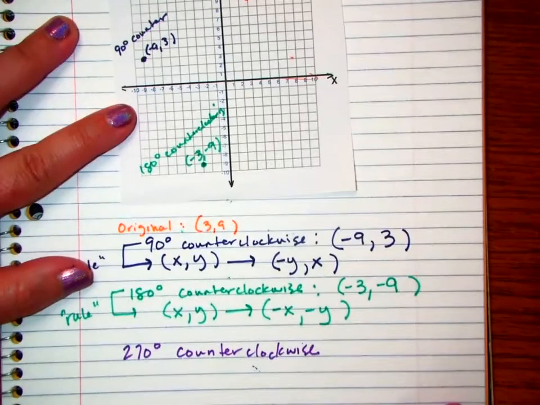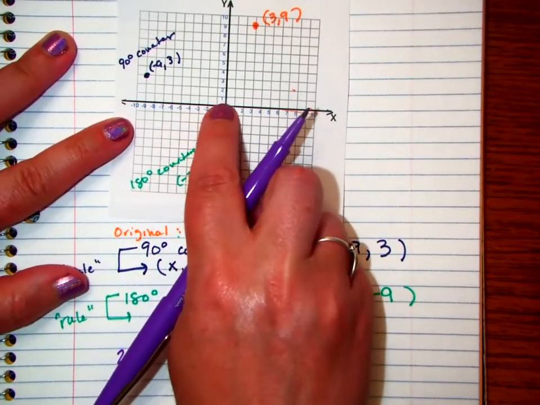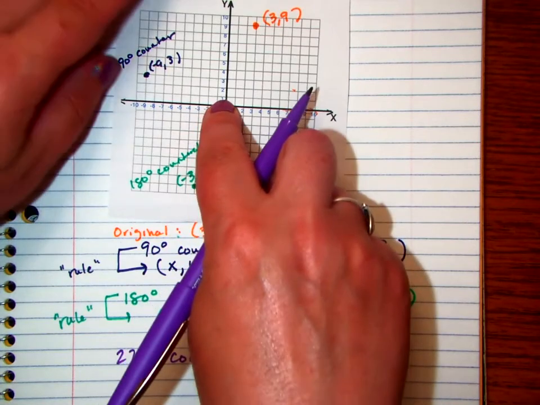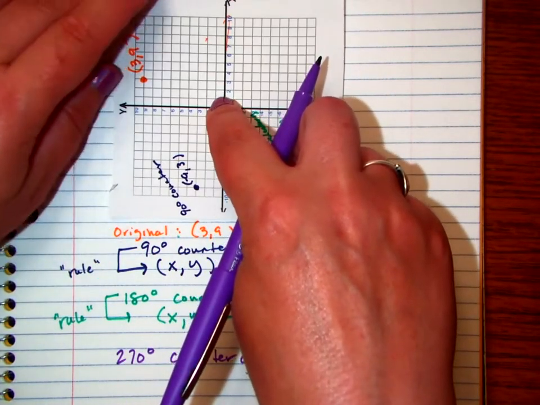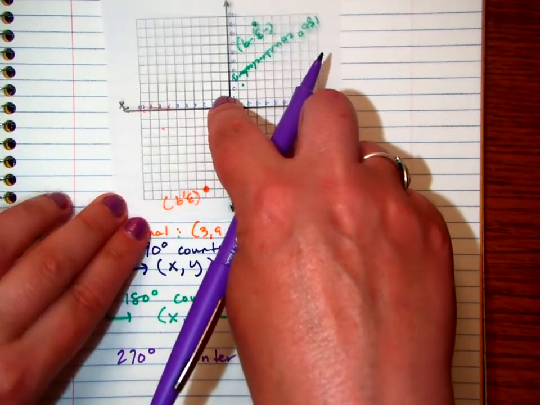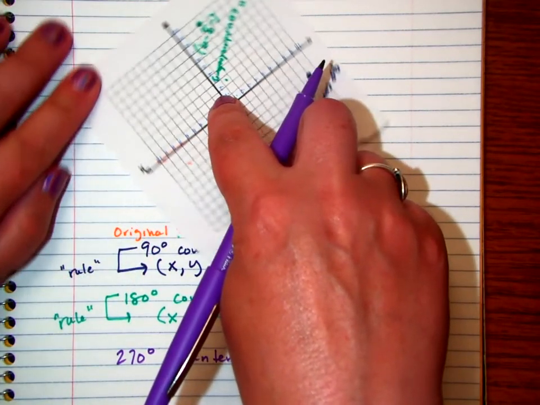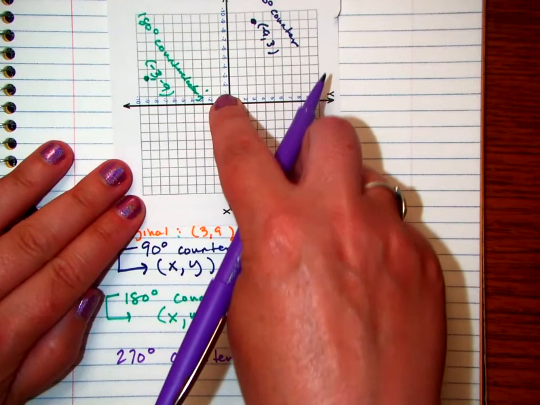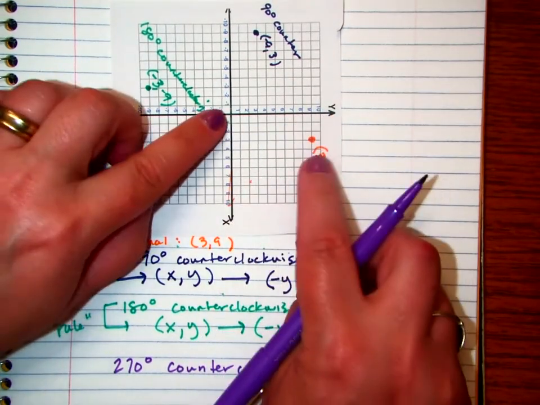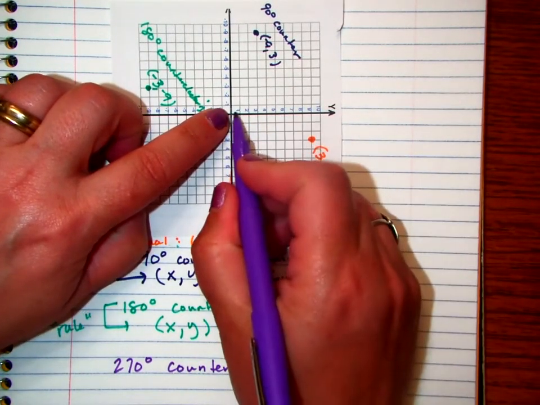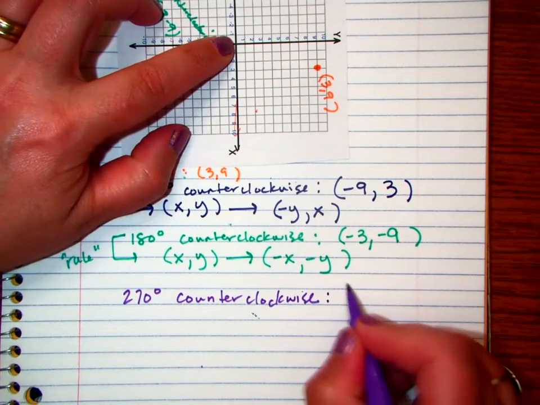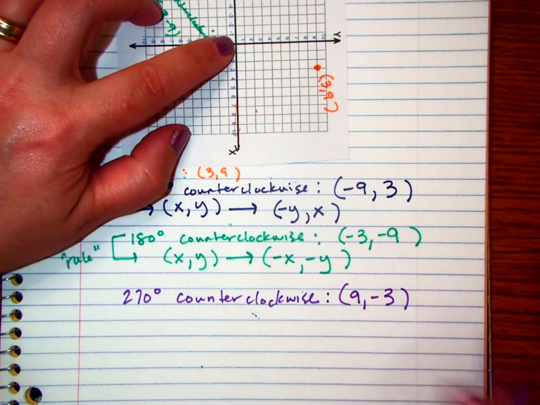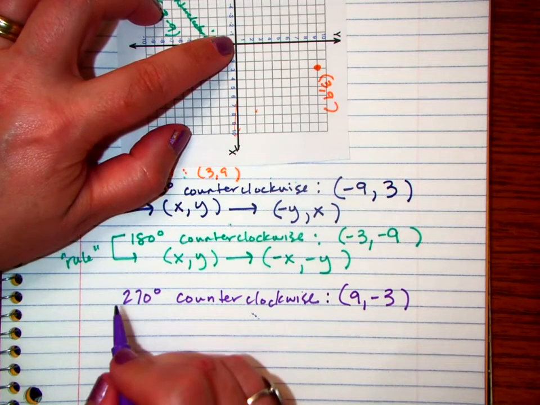Now if I take this, I realize that I could go 90 degrees clockwise, but for now I'm going to go 1, 2, 3. So that third one is up, and now we're over here. You'll see that's at +9, -3.